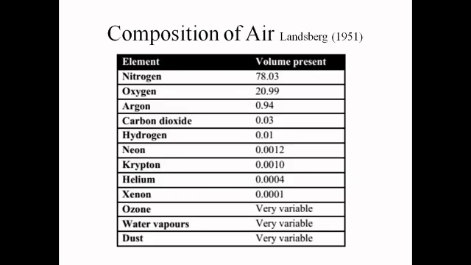According to Landsberg in 1951, the composition of air is as follows: nitrogen 78.03%, oxygen 20.99%, argon 0.94%, carbon dioxide 0.03%, hydrogen 0.01%, neon 0.0012%, krypton 0.0010%, helium 0.0004%, xenon 0.0001%, and ozone, water vapors, and dust particles are in variable amounts in the atmosphere.